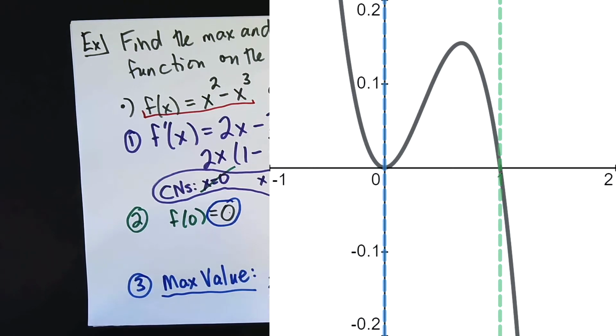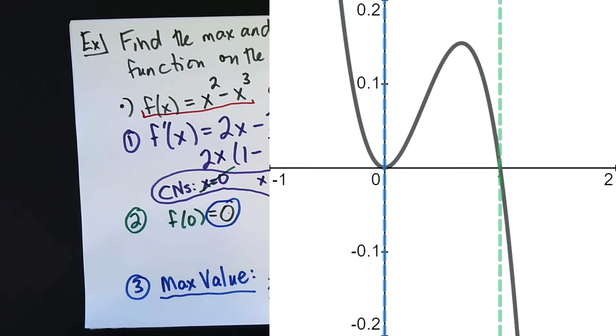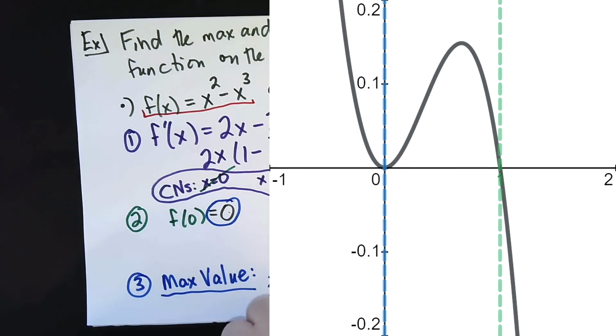So I have drawn in as dashed lines, blue on the left, green on the right, x equals 0 and x equals 1. And so because this question talked about the interval 0, 1, for the purposes of this question, I'm treating the part of the graph to the left of the blue dashed line and the part of the graph to the right of the green dashed line as though they do not exist.